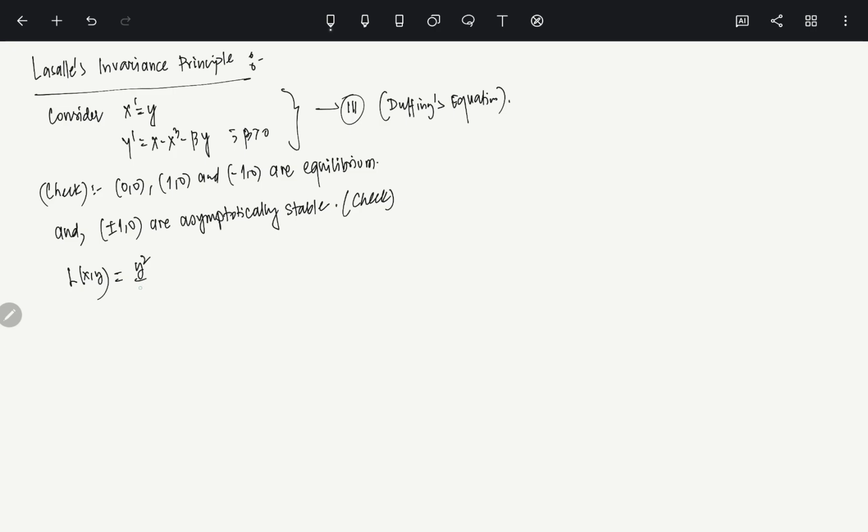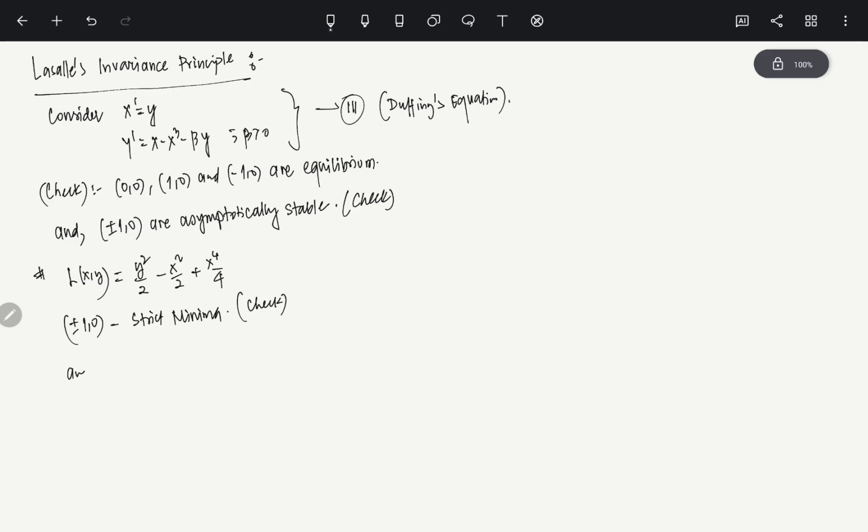This is the energy function, minus x square by 2 plus x to the power 4 by 4. Now you do realize that plus minus 1 0 is a strict minimum. Please check this part also. It's very easy to check, nothing special here.